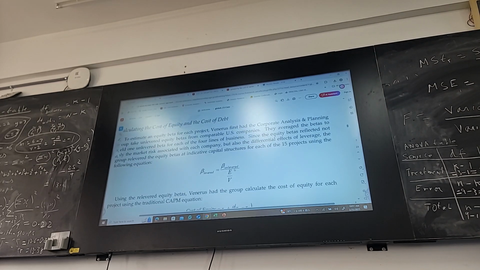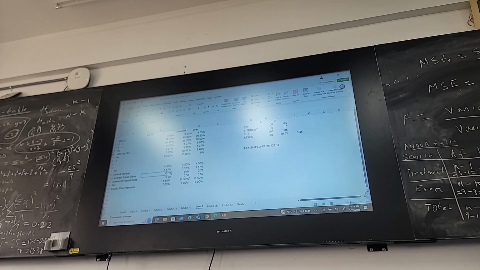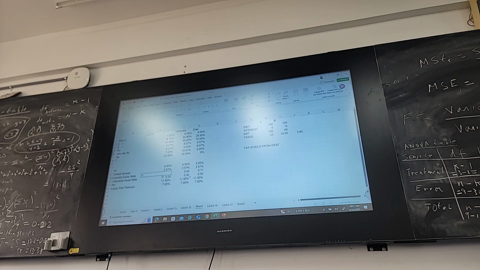So if I know the asset beta, how do I move from the asset beta to the equity or levered beta? It's my unlevered beta divided by E on B. So 0.39 is the beta I would use to work out the cost of equity.